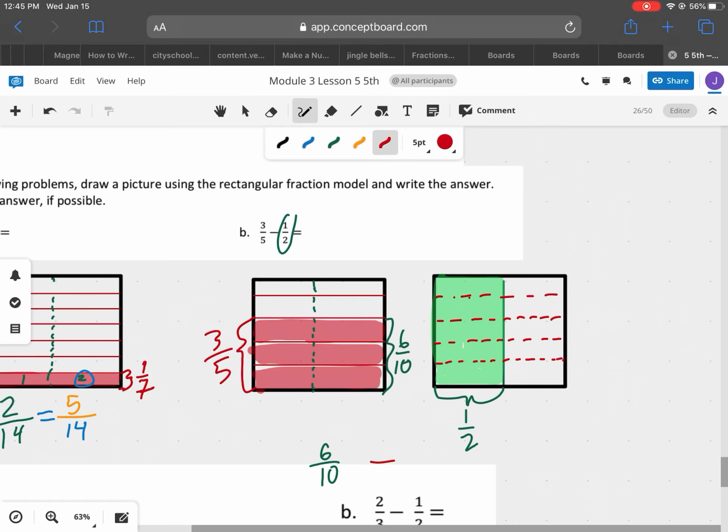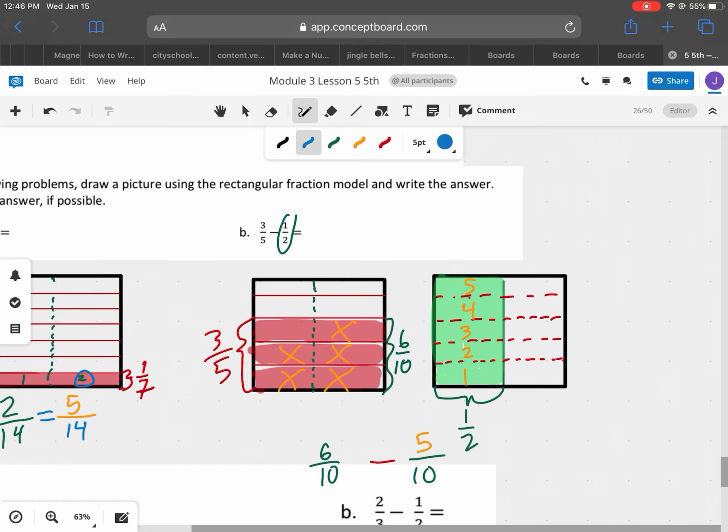And now I have 1, 2, 3, 4, 5 tenths. I'm going to subtract 5 from over here by crossing them out. 1, 2, 3, 4, 5.